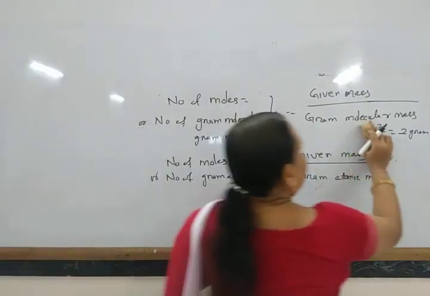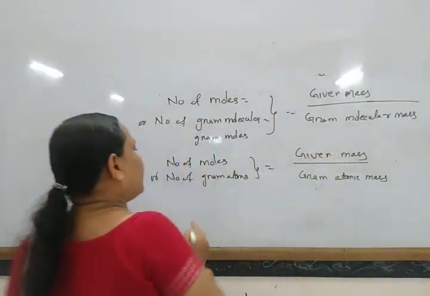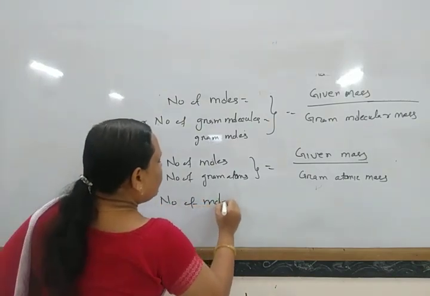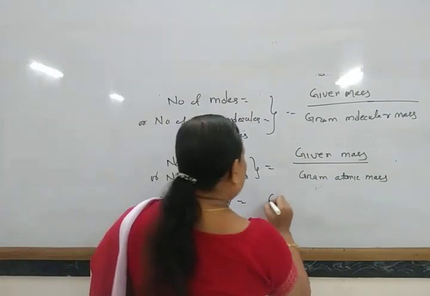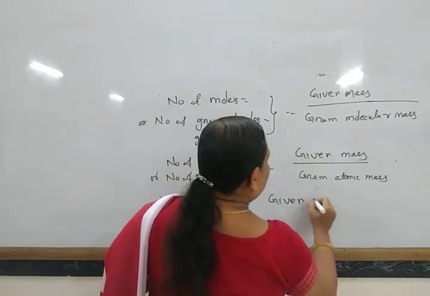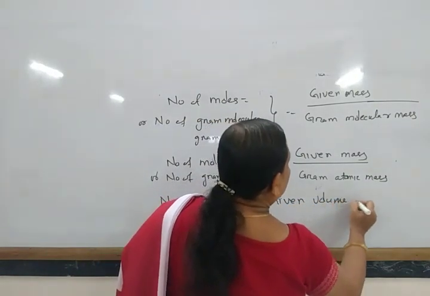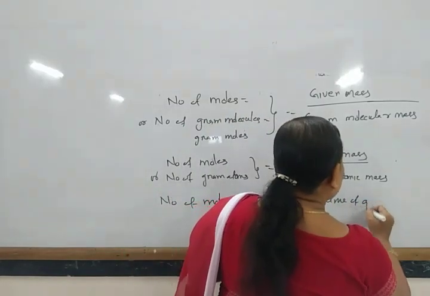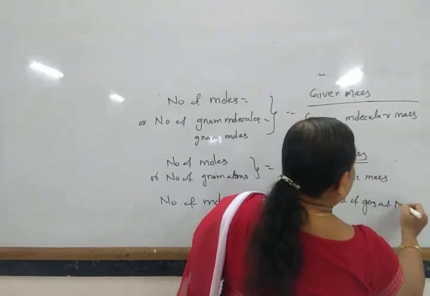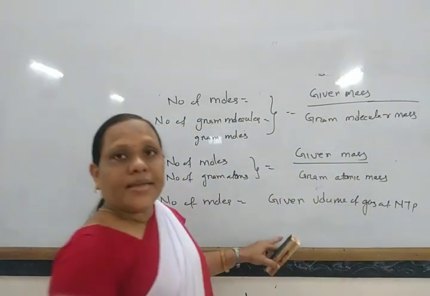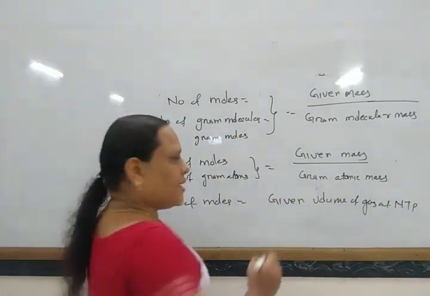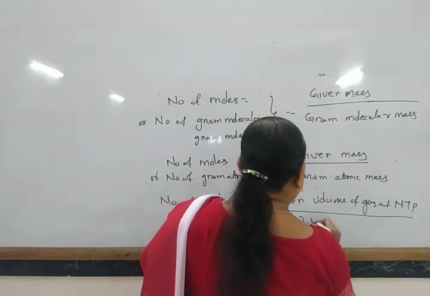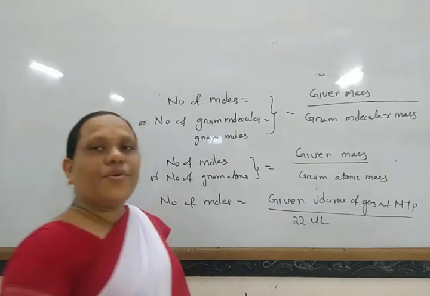Next, another way: number of moles is equal to given volume of gas at NTP divided by 22.4 liter.